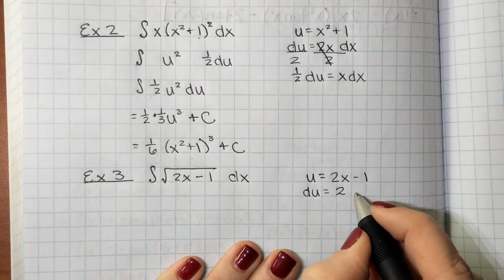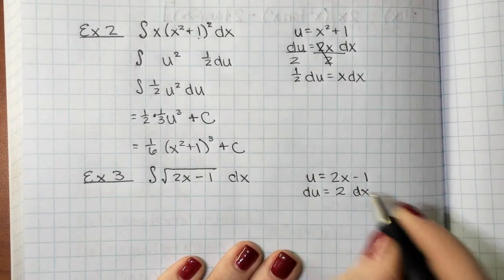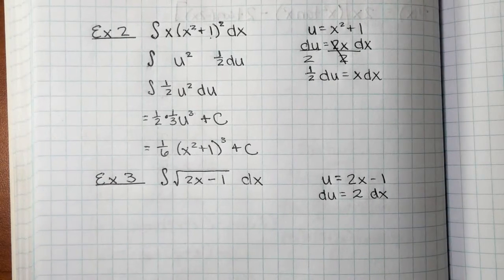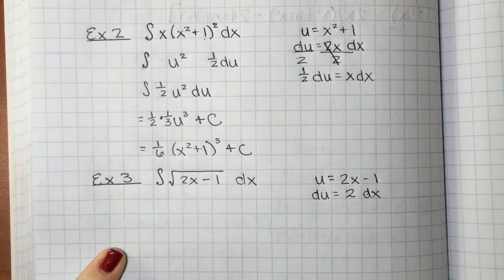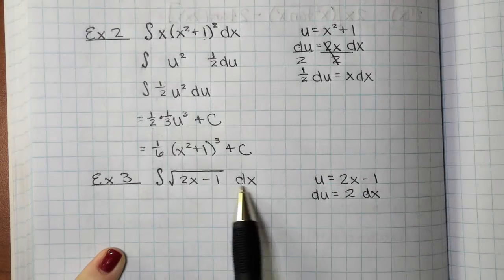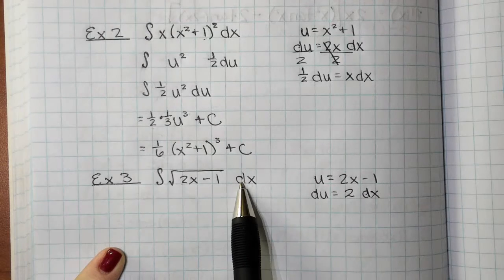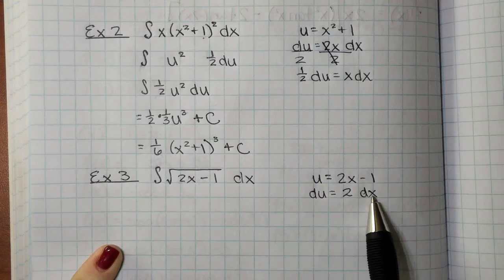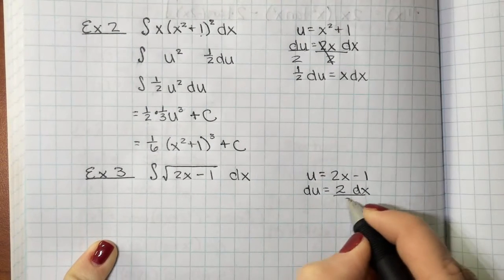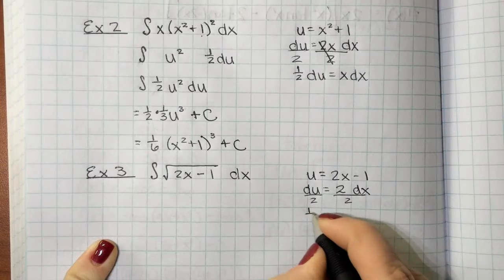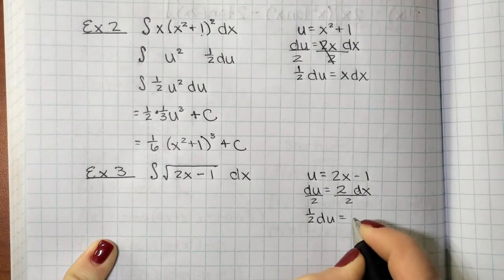Just 2 dx. We cannot forget the dx. So as I look over here, what can I replace 2x minus 1 with? I can replace this with u, but see how this dx is by itself? Is this dx by itself? No. So what do I need to do? Divide by 2. So I get 1/2 du equals dx.